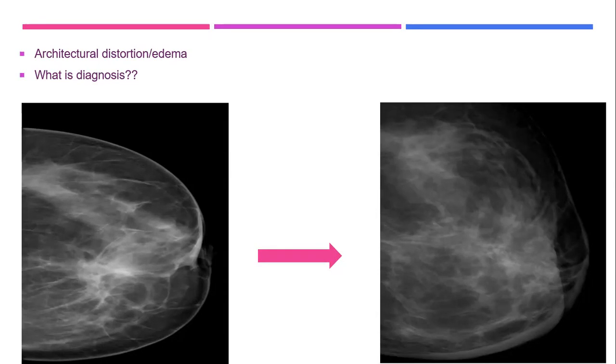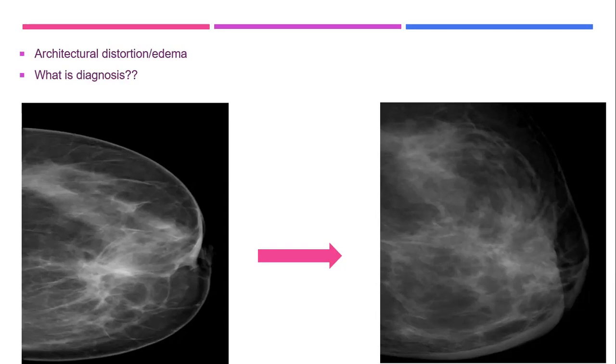Quickly, Abir, what about you? Okay, the previous image showed a spiculated mass. Just in comparison to the previous, is it new changes or the same changes as before? No, it's not new changes.